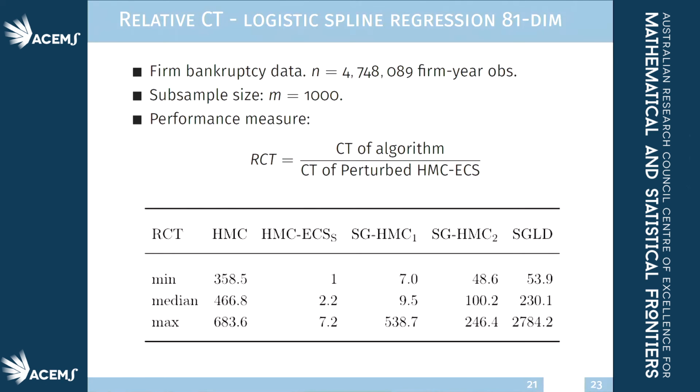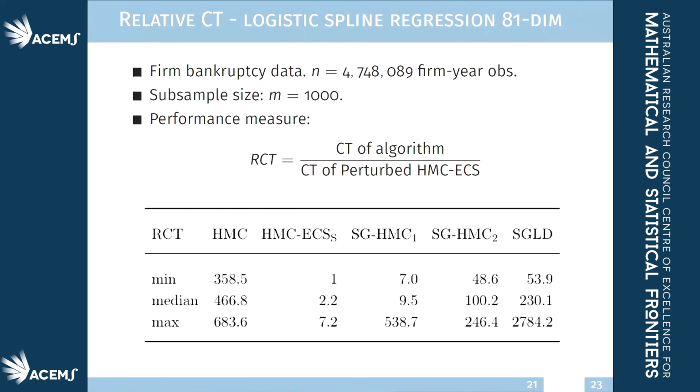And we're going to do everything relative to our approach. Minimum is the minimum relative computing time, for the parameter with the smallest computing time. Median means a parameter with medium computing time, and max means the parameter with maximum computing time.